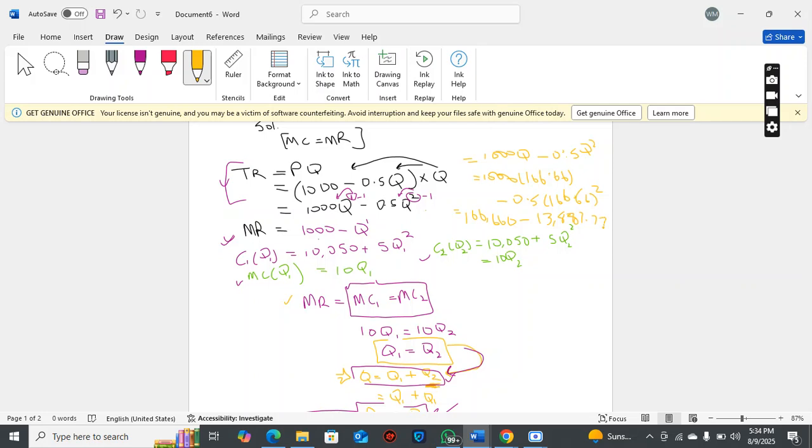So 166,660 minus 13,887.77, we get 152,772.23. That is our total revenue, 152,772.23.